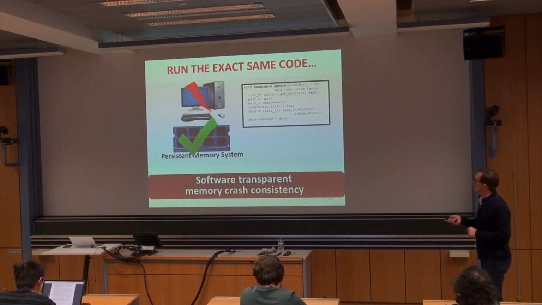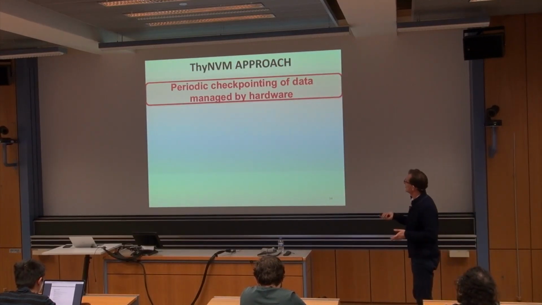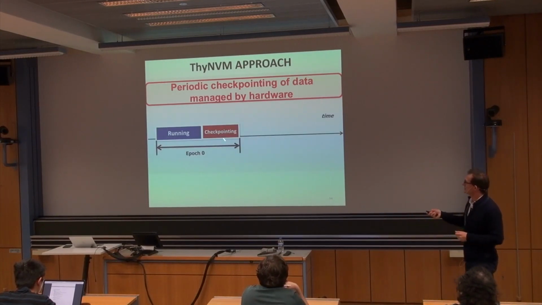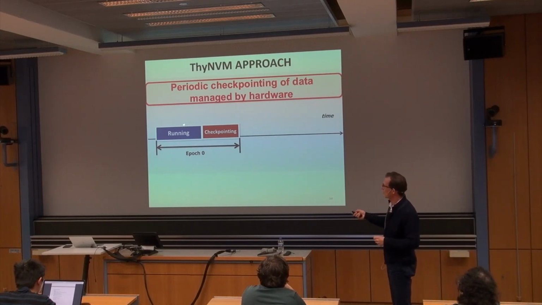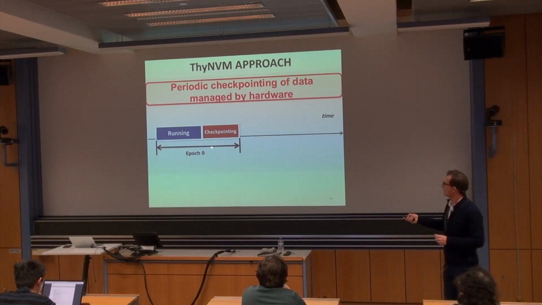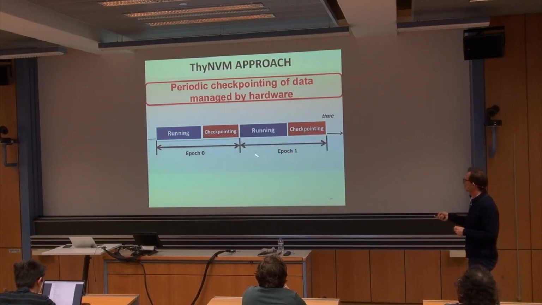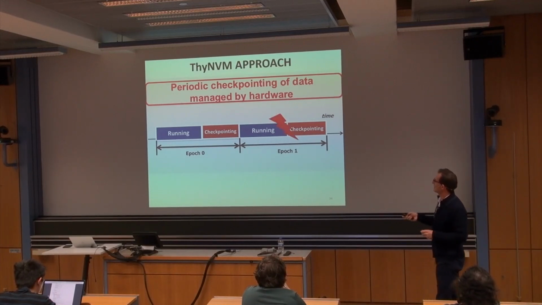We've already talked about that. So the approach is periodic checkpointing of data that's managed by hardware. This is one way of doing it, right? You normally divide the program into epochs where your program runs and then you checkpoint for a while after it runs. But as I said, that's not a good approach because you're wasting a lot of time on checkpointing.